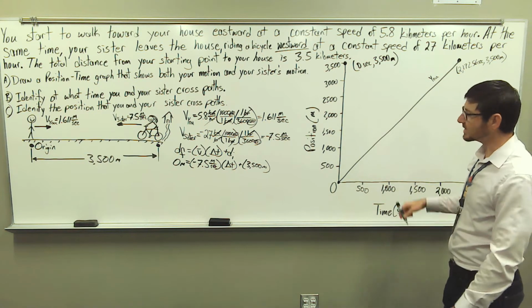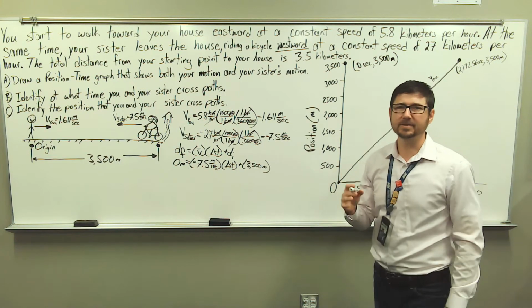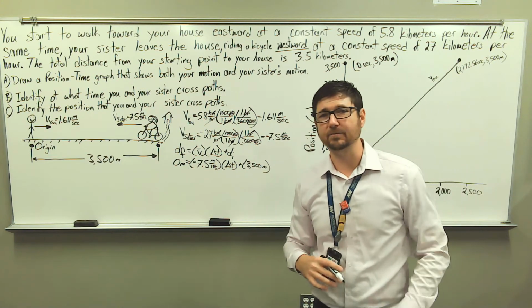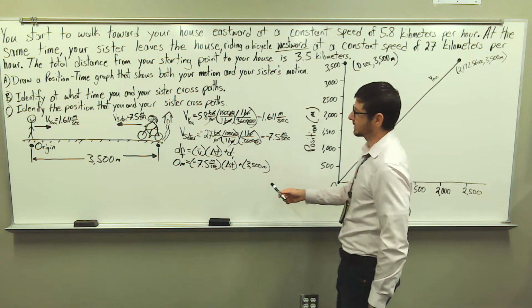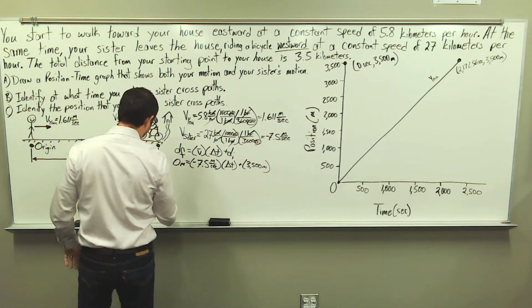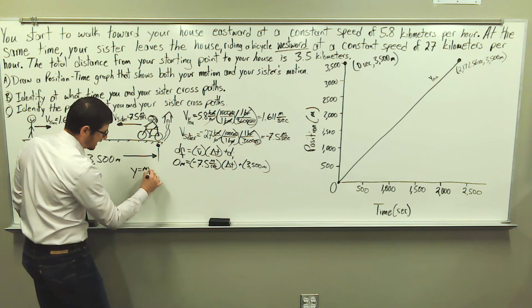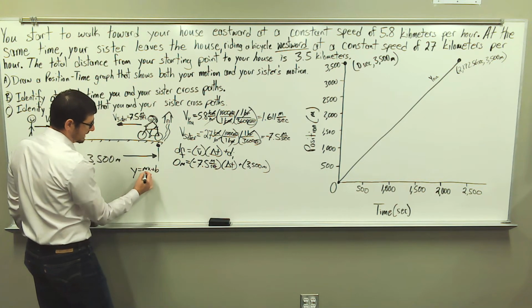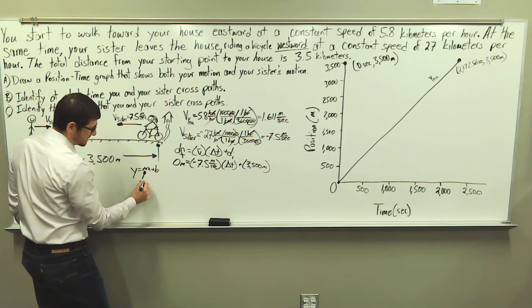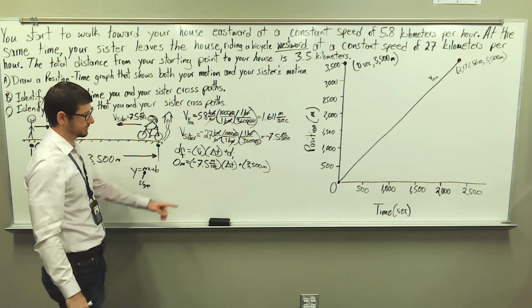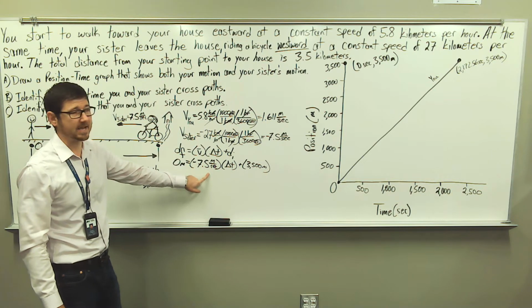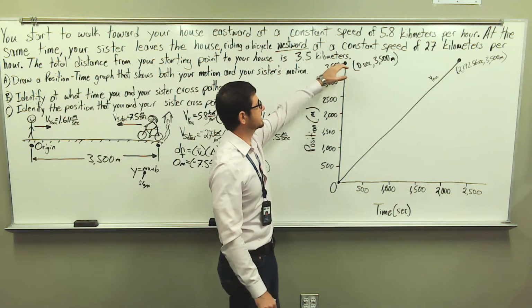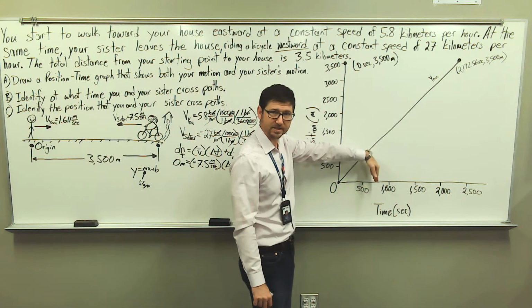Okay? Now remember that the slope of the line on a position time graph represents the object's velocity. So right here, we have a form of y equals mx plus b, where m is the slope of the line. And look at this. We have negative 7.5 meters per second. So this line is going to have a negative slope.